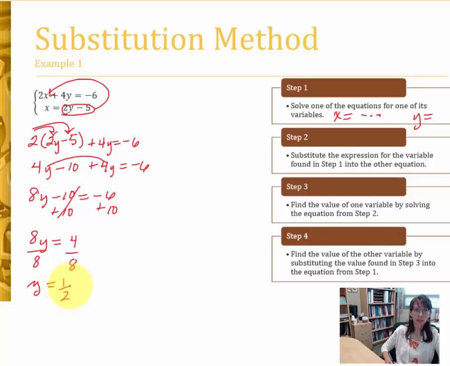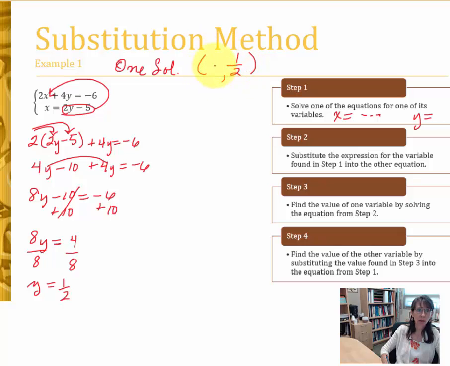So what we have just determined is that these two lines will intersect and the y value of their intersection is 1/2. So I know I'm going to have one solution, and it's going to be at the ordered pair such that 1/2 is the y value.